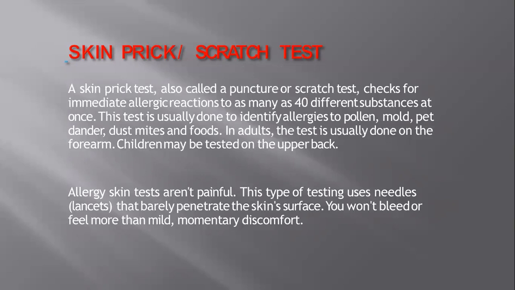This test is usually done to identify allergies to many items like pollen, mold, pet dander, dust mites, foods, and other items. In adults, the test is usually done on the forearms. In children, it is usually done on the upper back.